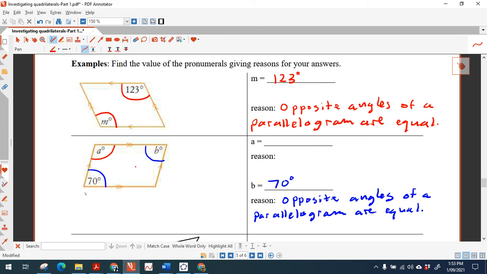We know they add up to 180 degrees. That means A must be 180 degrees minus 70 degrees, which equals 110 degrees.